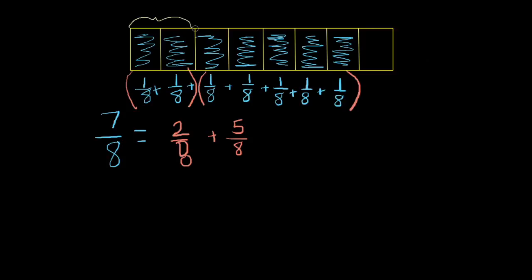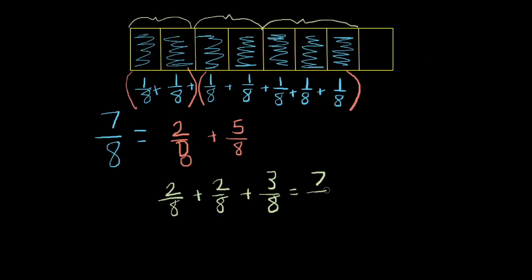Let's say I wanted to group those together, and those together. I would write that addition sentence as 2/8 plus 2/8 plus 3/8. And together those would all add up to our original fraction, 7/8. Now I want you to think about some other combination of how you can decompose this fraction with either 2 addends or 3 addends.